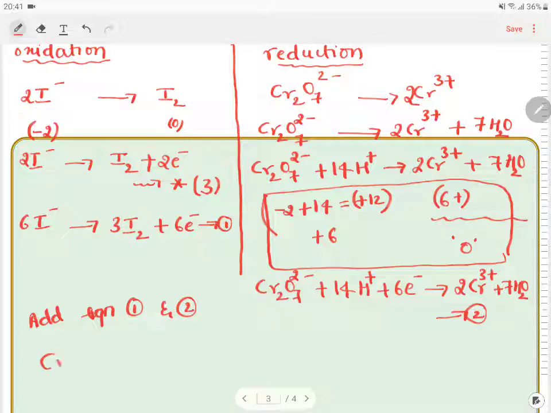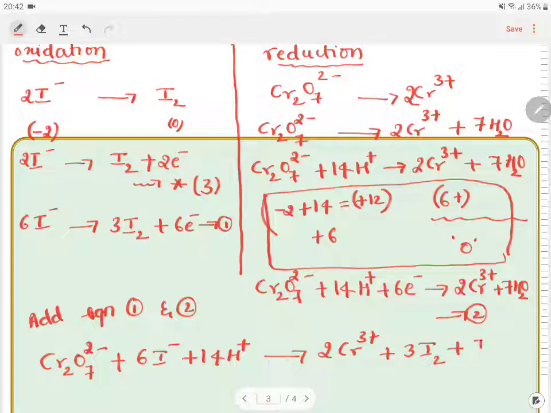So we get Cr2O7 2 minus plus 6I minus plus 14H+ giving rise to 2Cr3+ plus 3I2 plus 7H2O. So this is our final equation.